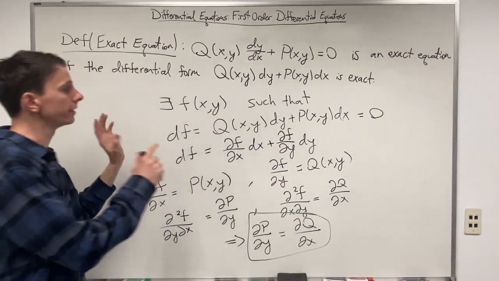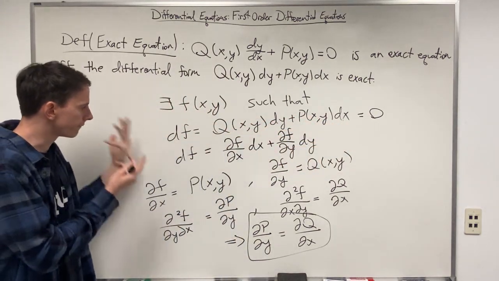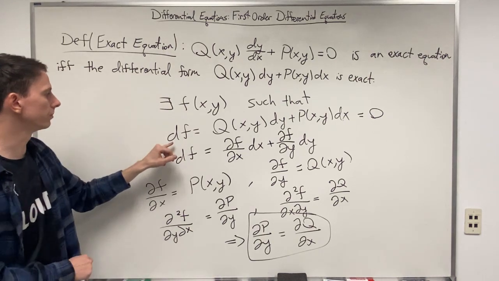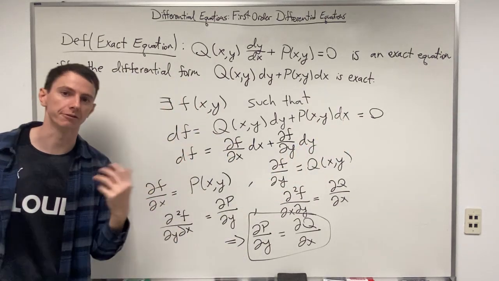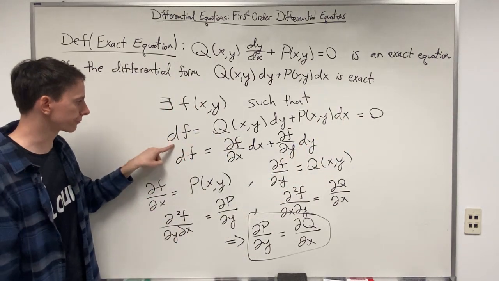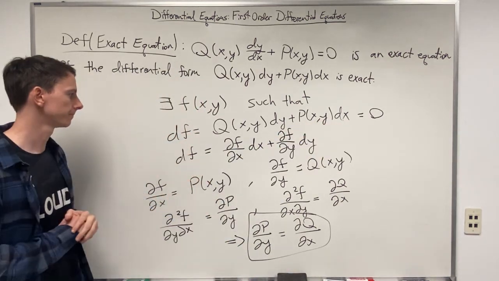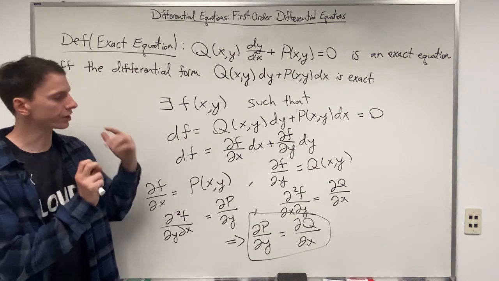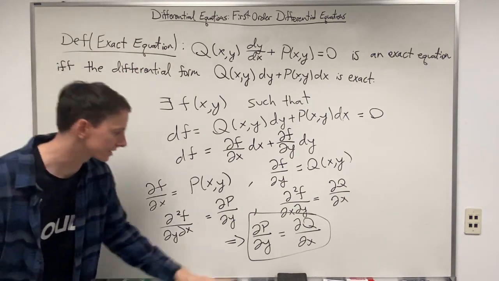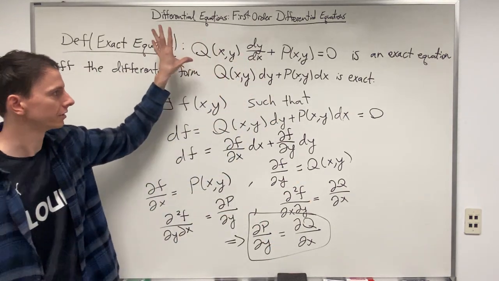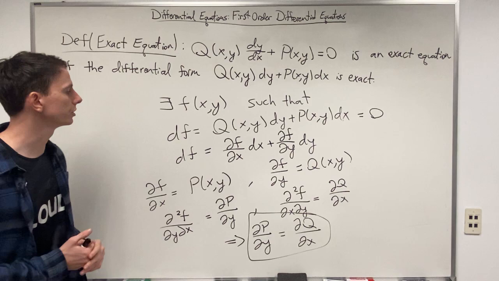And if the differential is equal to 0, then we can ask ourselves, if we take the differential of something and it gives us 0, what does that tell us about the function f by itself? Well, the only way you can take the differential of something and get 0 is if the function f by itself is a constant. Okay? So the general strategy behind solving exact differential equations is, first, check to see that it's exact, to see that you can even apply what we're about to mention. And then if this condition is satisfied, you say, okay, the differential equation is exact.